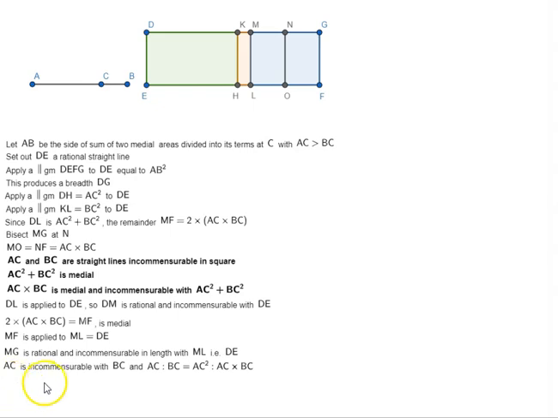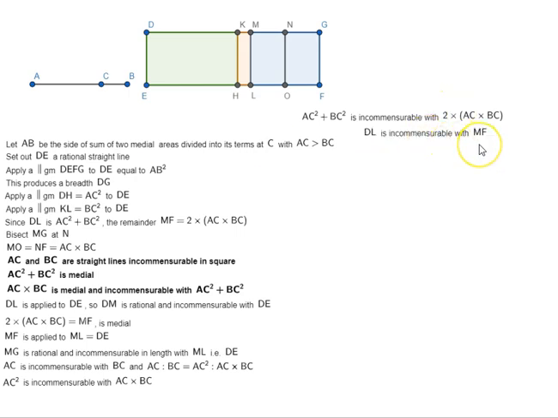So AC is incommensurable with BC, and AC is to BC as the square on AC is to AC by BC. So AC square is incommensurable with AC by BC because AC is incommensurable with BC. And because of this proportionality, AC square plus BC square is incommensurable with 2 times AC by BC.